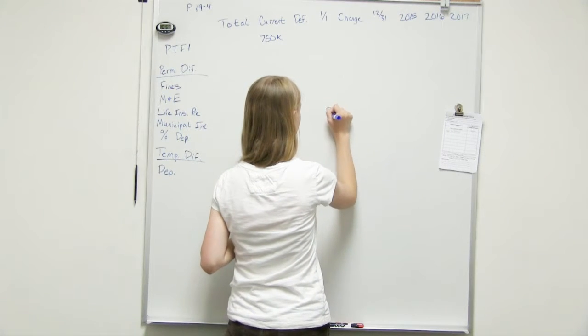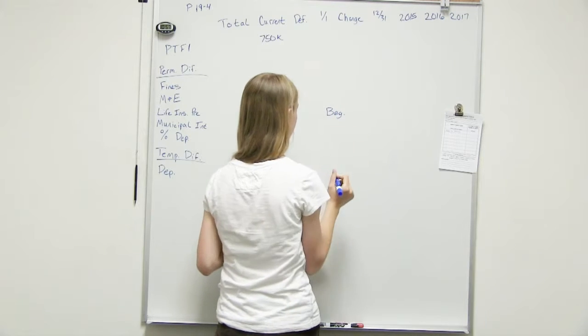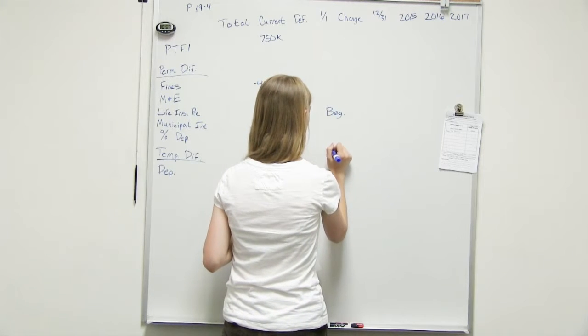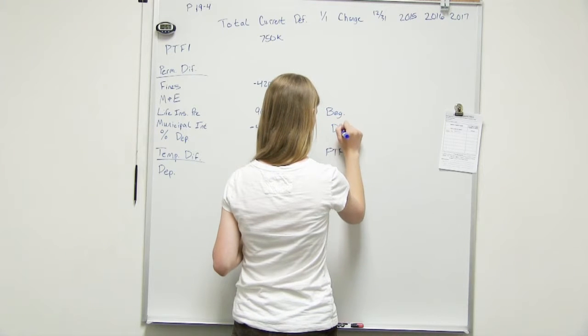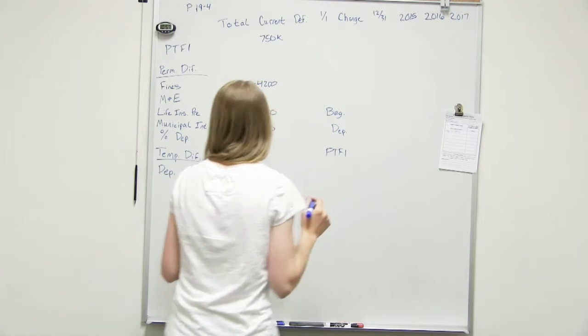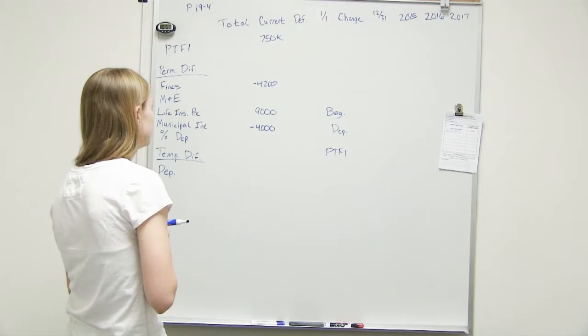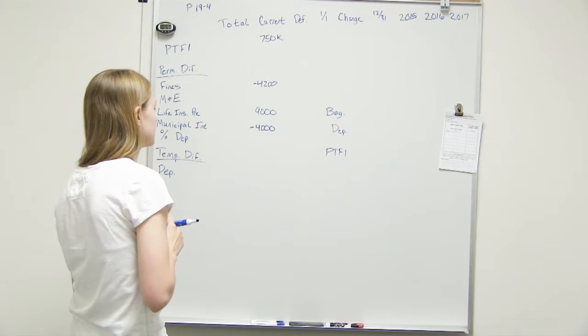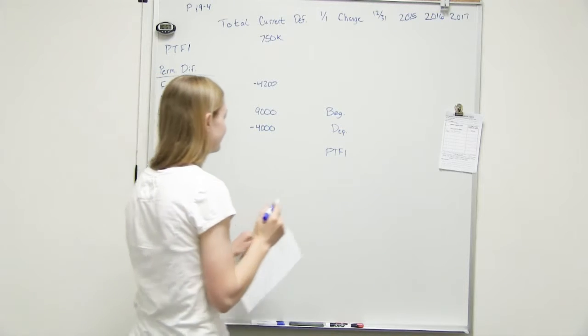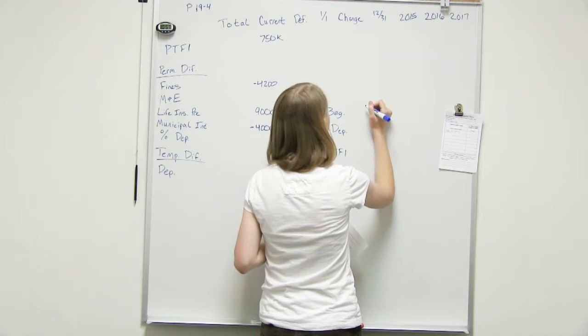So we'll have beginning and depreciation. So depreciation is 60,000. Hard to think backwards on this.